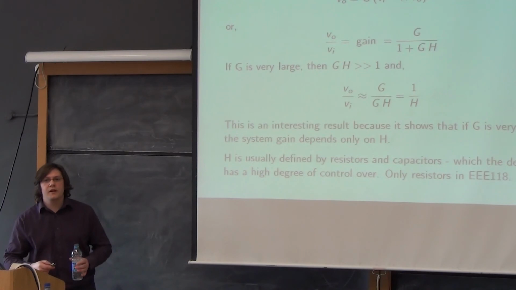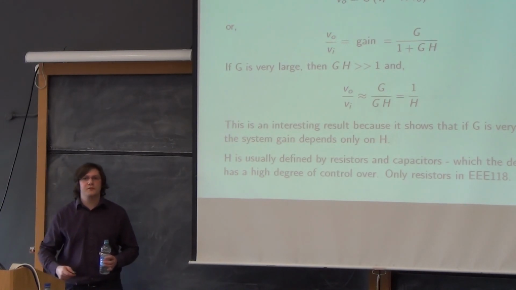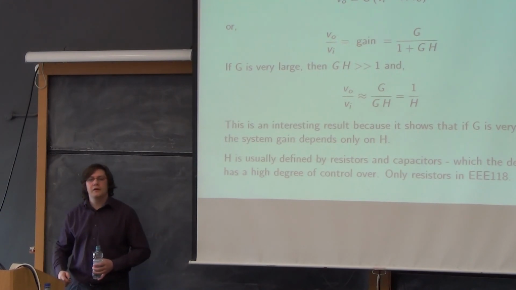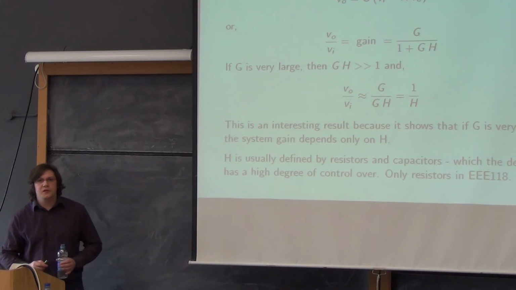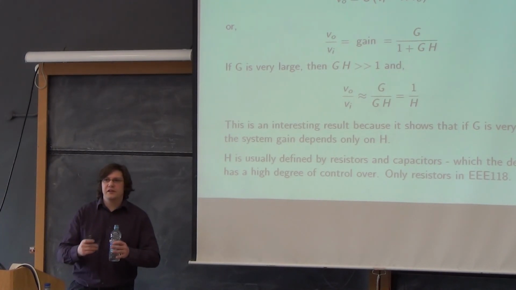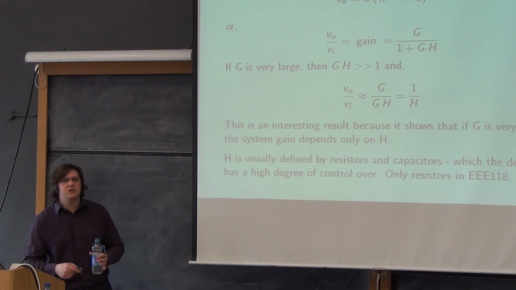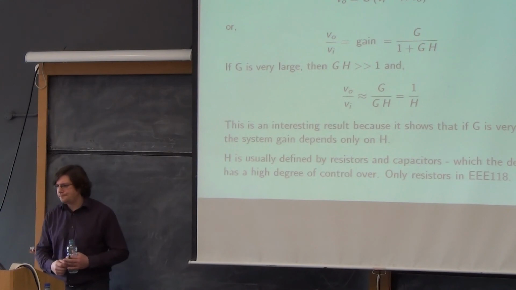So we'll know what its value is going to be because we'll be able to measure the resistors or look at the drawer they came out of if we're feeling brave or lucky. So this is quite good for us because it means we can make an amplifier of a particular gain, with particular characteristics, without having to worry too much about what goes on inside our analog building block.